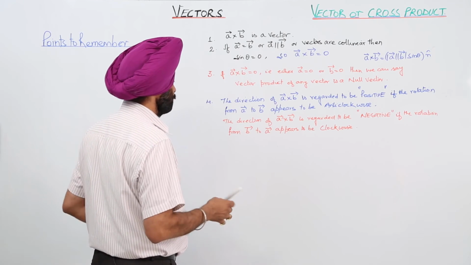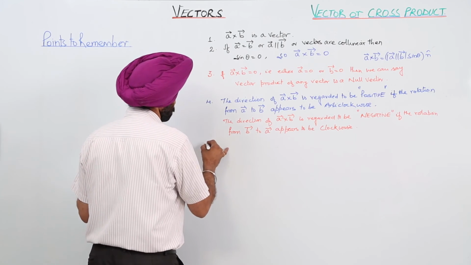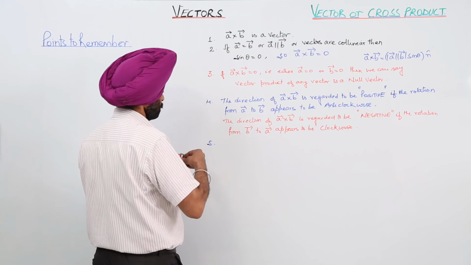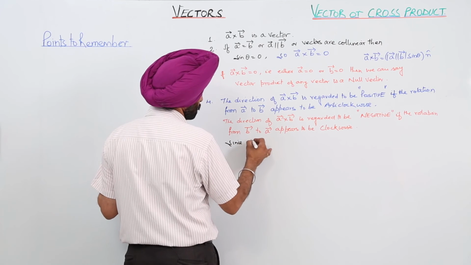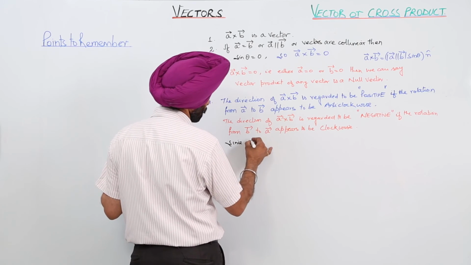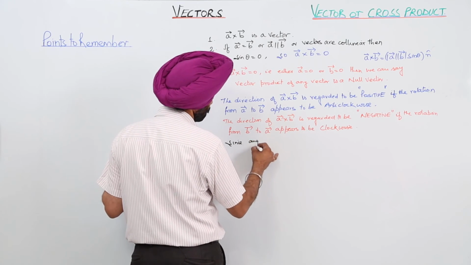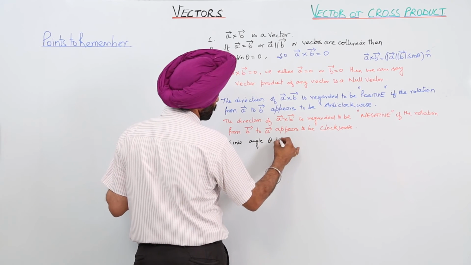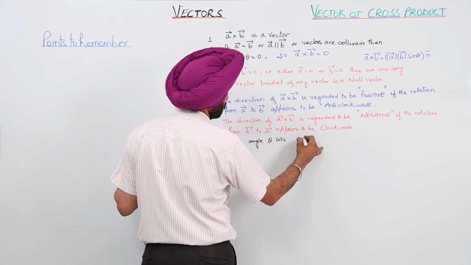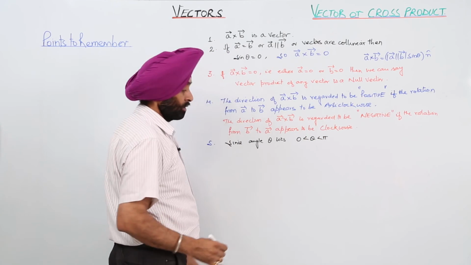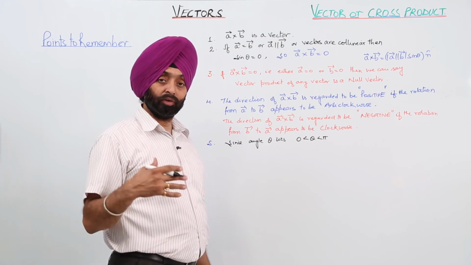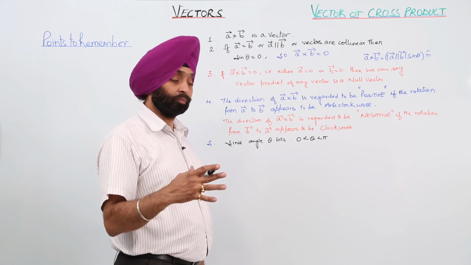Now number 5: since angle theta lies in the range 0 less than theta less than pi, angle theta is always in the first and the second quadrant both, okay.